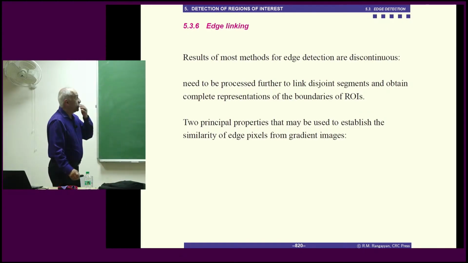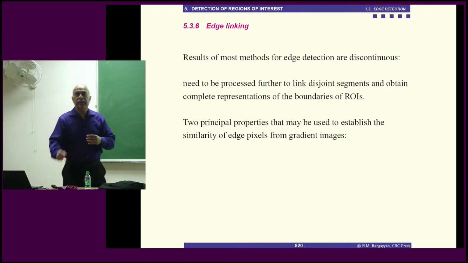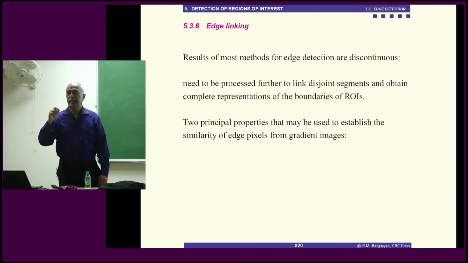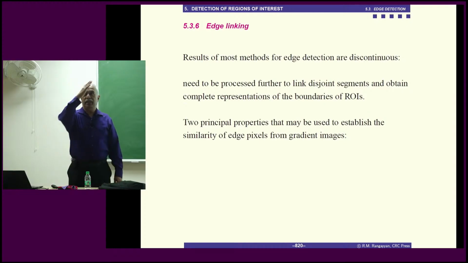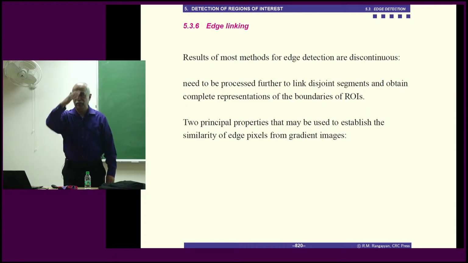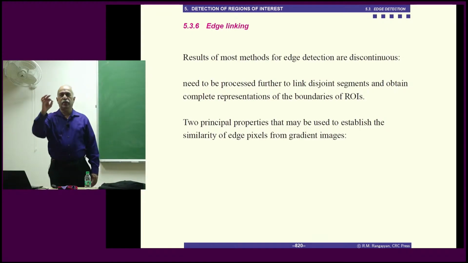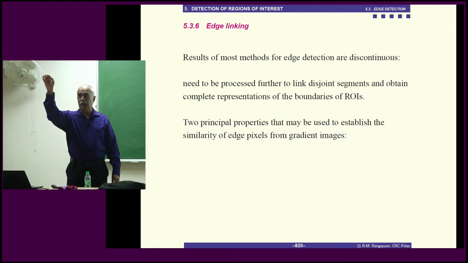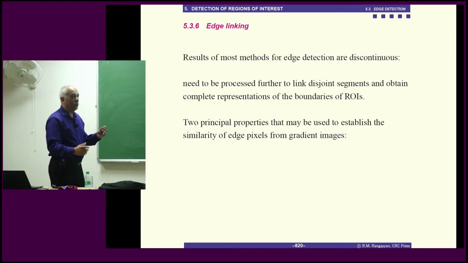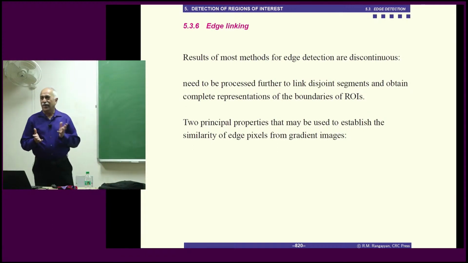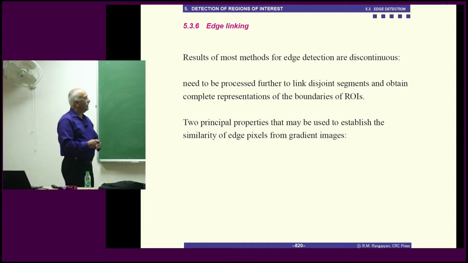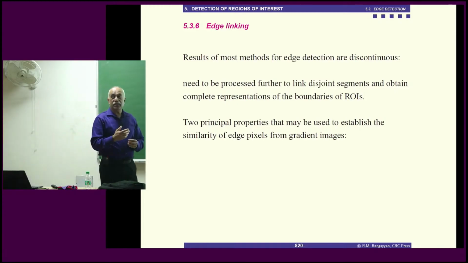Okay. So now we have detected these edges. They may not be lines like this, beautiful straight lines or curved lines. You may get a few pixels here and a few other pixels, and some pieces are missing. There could be some artifacts, some other dots here and there. So essentially you get a bunch of dots, and they need to be processed further.